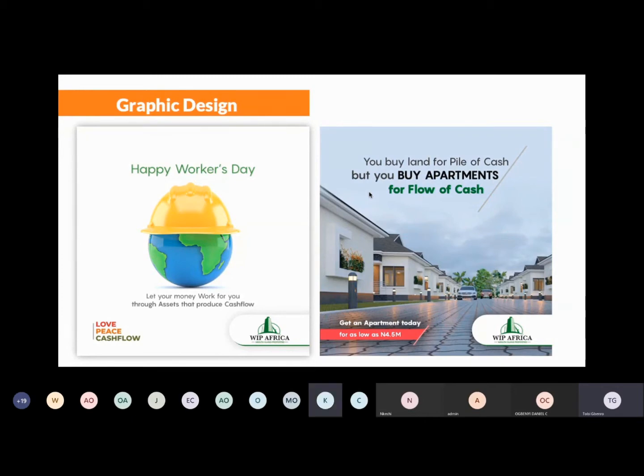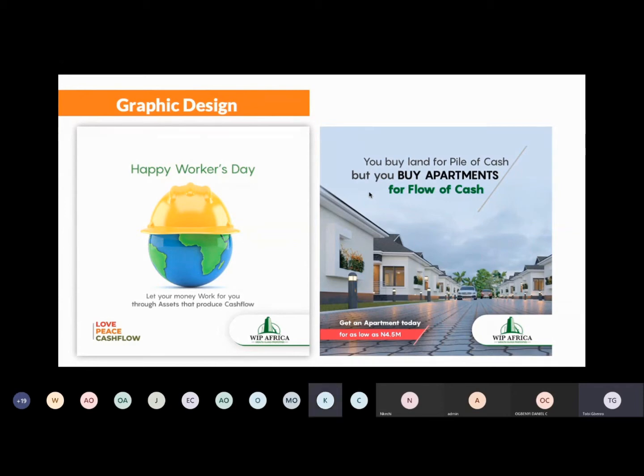Happy Workers' Day. So if someone looks at this message, they'd think, oh, okay, these guys are probably into property. That's basically what this graphic is saying. It depicts something that involves real estate. They are not talking about something else that doesn't relate to what they do, right?